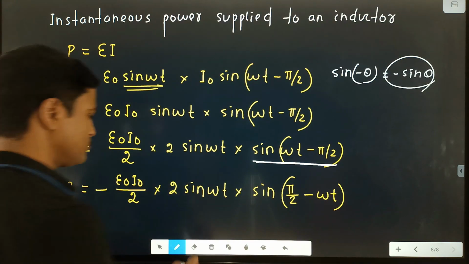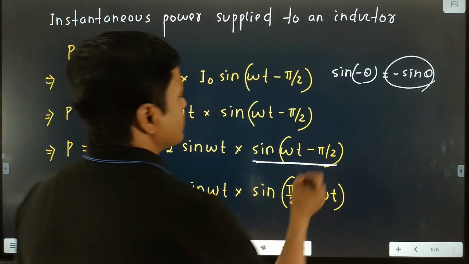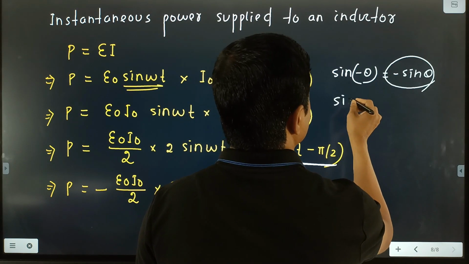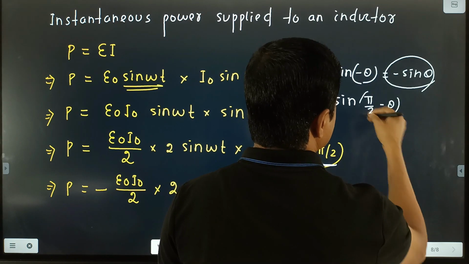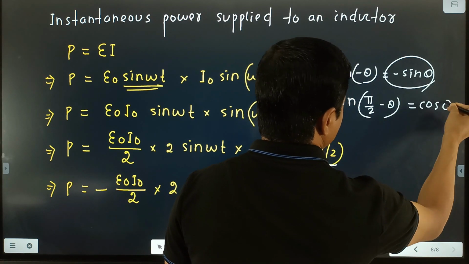Clear? And you also know that sin(pi by 2 minus theta) equals cos theta.